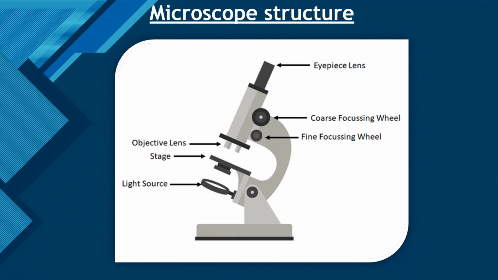There's an objective lens, an eyepiece lens. We'll go over these parts, the coarse focusing wheel and the fine focusing wheel. So just familiarize yourself, pause the video and maybe make a labelled diagram, so you familiarize yourself with what a microscope looks like.